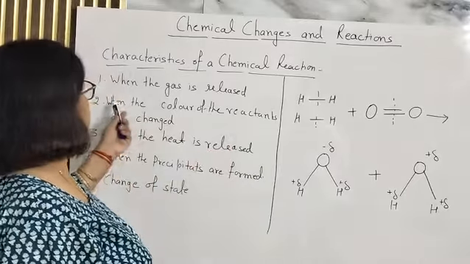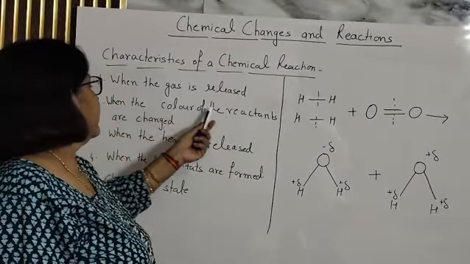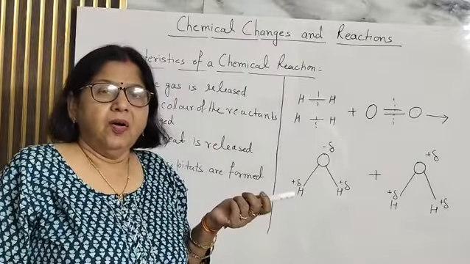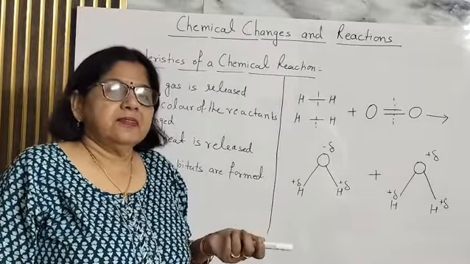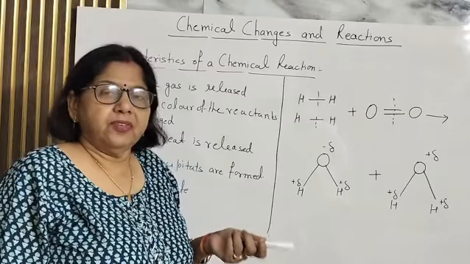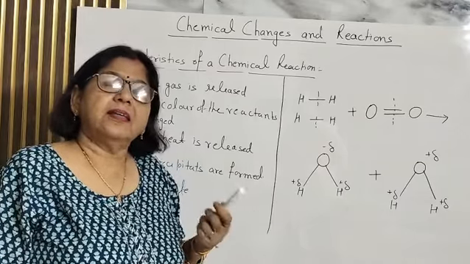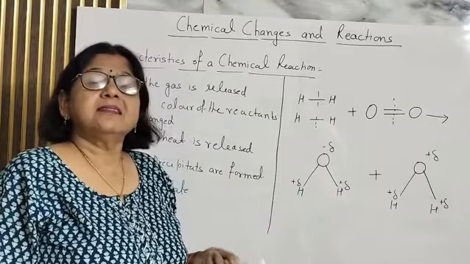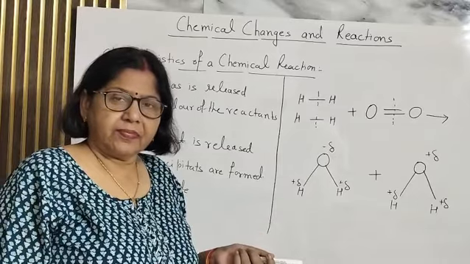Now another thing is when the color of the reactants is changed. Very simple: once a vegetable is cooked, I am very sure you all know its color is changed. When the color is changed, it is a symbol that it is cooked.